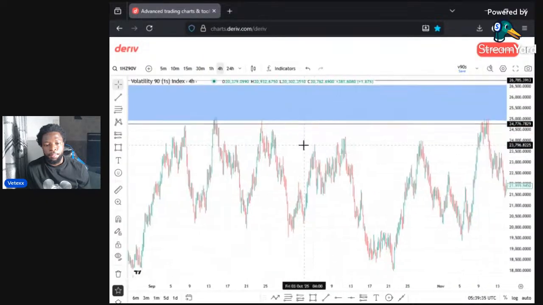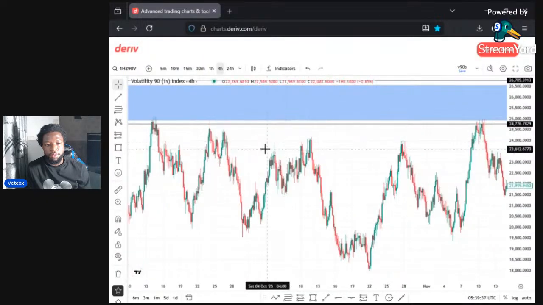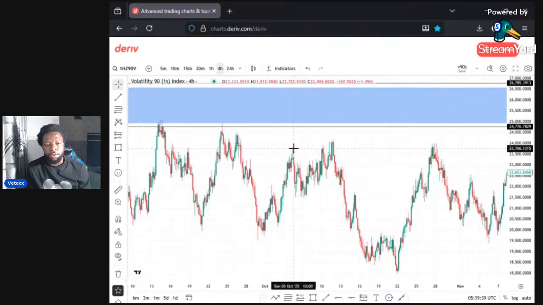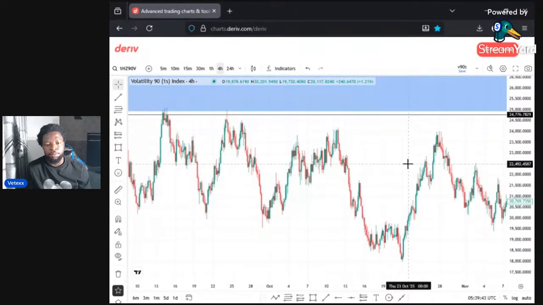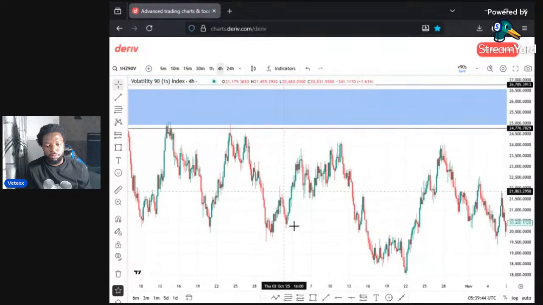Okay, price gave a 4-hour time frame continuation on this zone. This is what we have on the 4-hour time frame. We have this. If you scale to the 1 hour, you see it more clearly. We have this.